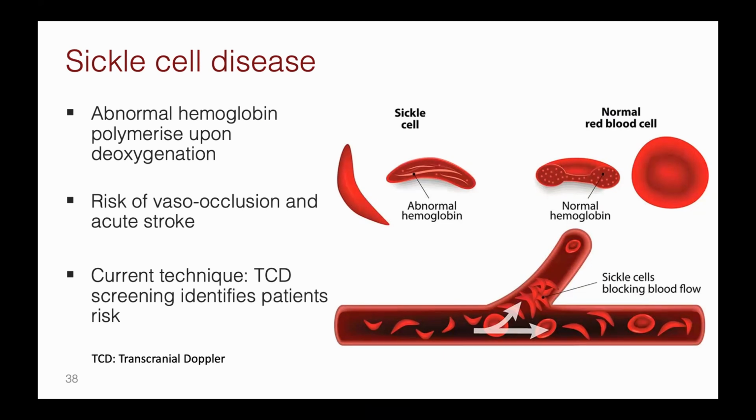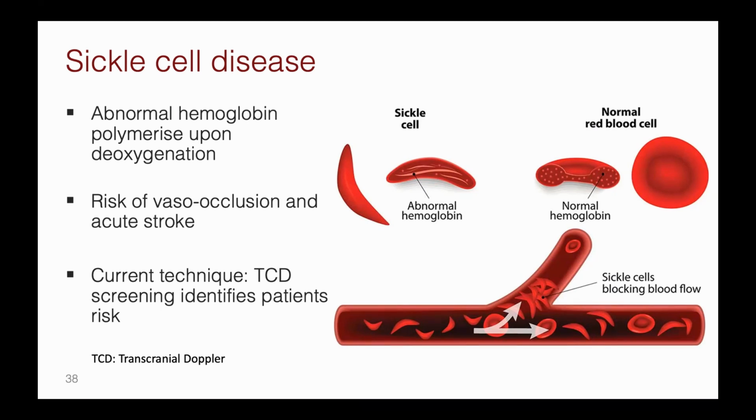Since the ability of carrying enough oxygen in the red blood cells is lower than normal for these patients, they often have a higher CBF or perfusion at the resting condition, which could potentially lead to vessel occlusion or even acute stroke due to the impaired vasodilation.